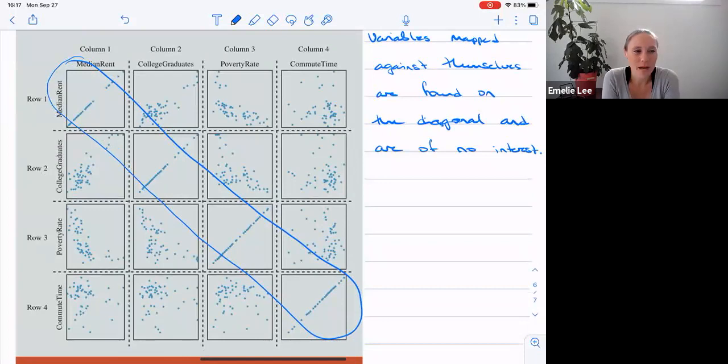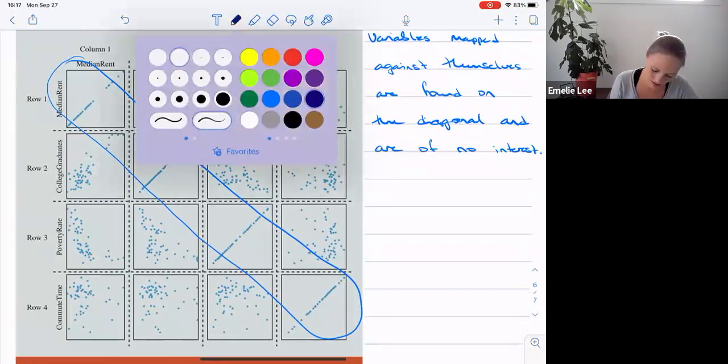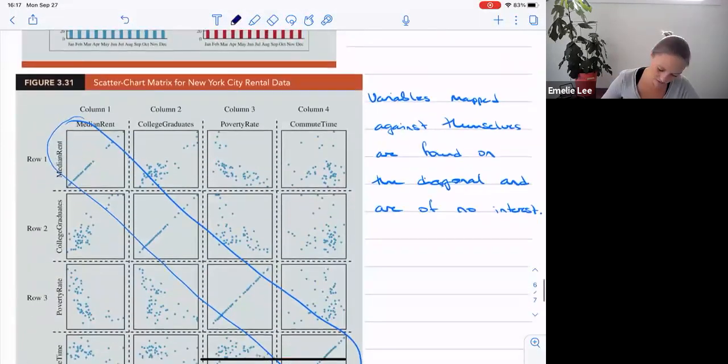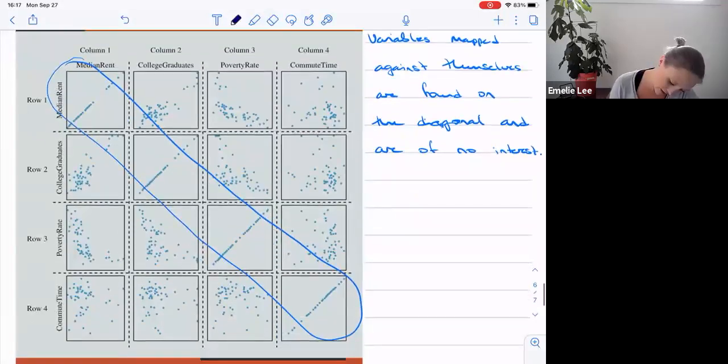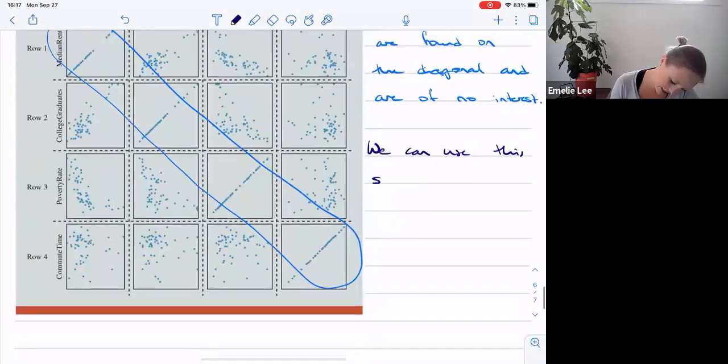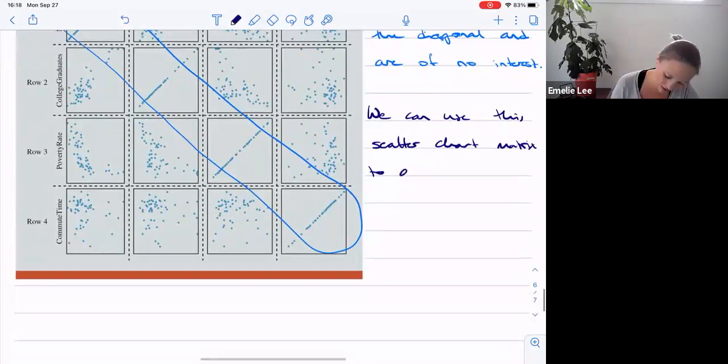And so, but I can use this scatter chart matrix to quickly understand many relationships, right?